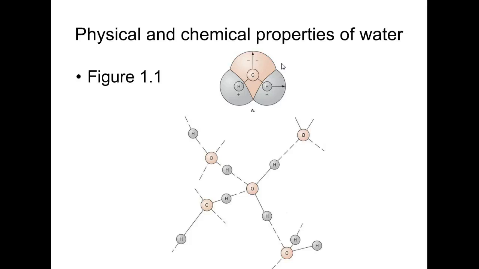So this is a polar molecule with the oxygen being negative, and the protons being relatively positive. And then that cartoon at the bottom is showing you that the oxygen is going to be attracted, negative to positive, positive to negative, and that's what hydrogen bonding is.